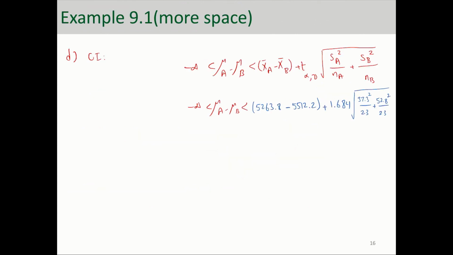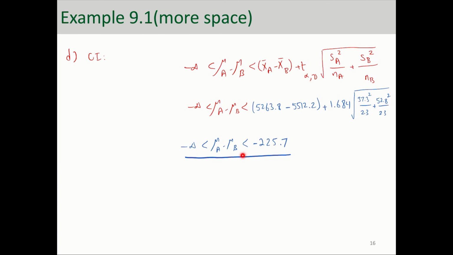When we do the math for the upper confidence limit, I just replaced all the parameters with the numbers that we were given. We will see that the difference between mu A and mu B is less than negative 225.7. So the confidence interval is totally on the negative side. You can see that here. It's from negative infinity to negative 225.